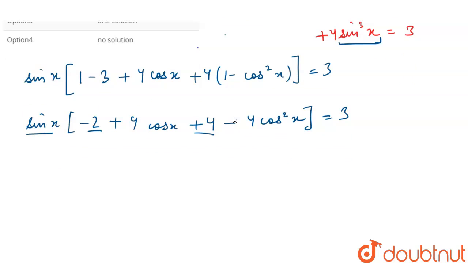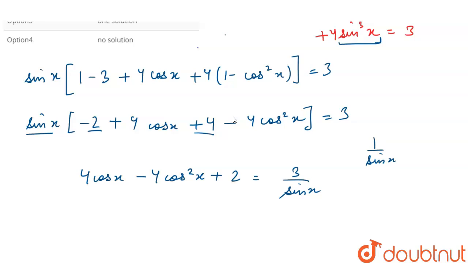So here we have 4 cos x minus 4 cos square x plus 2, and here we will have 3 upon sin x, and we know 1 upon sin x is equals to cosec x. So we can directly write it as 3 cosec x, right?